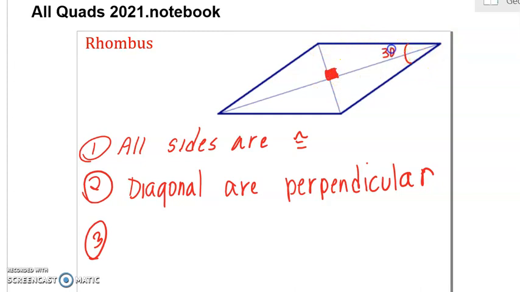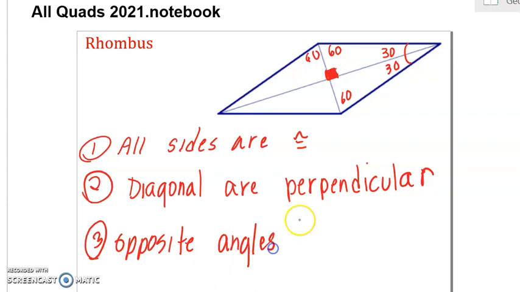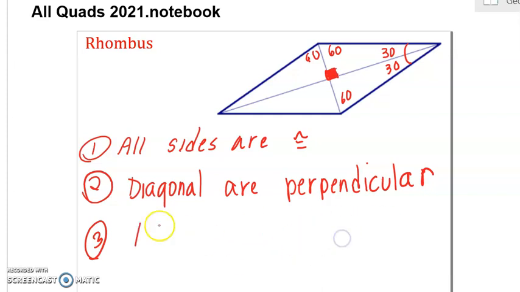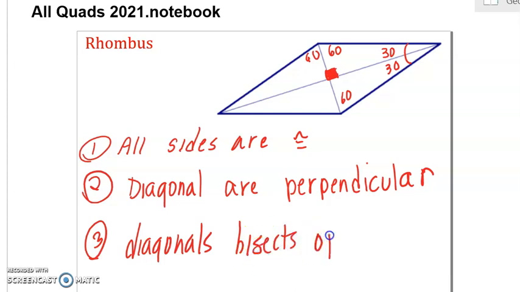So if this is 30 and this is 60, then this is 60 and this is 30 and this is 60. So it is opposite angles are bisected, or I should say diagonals bisect opposite angles. Okay?